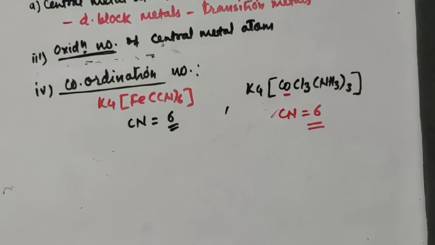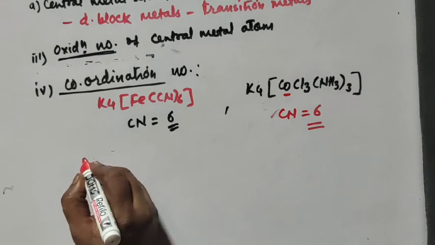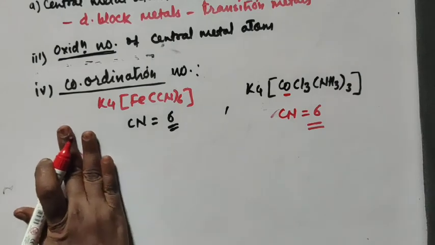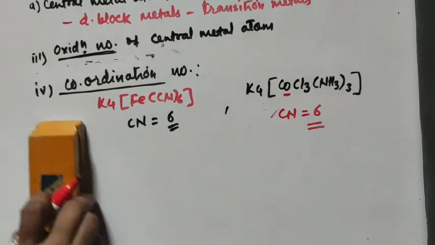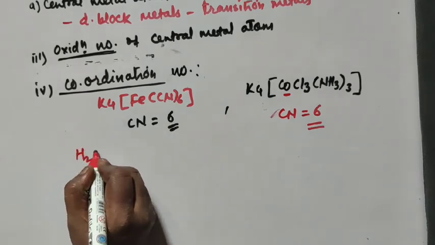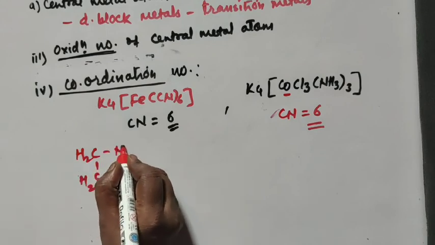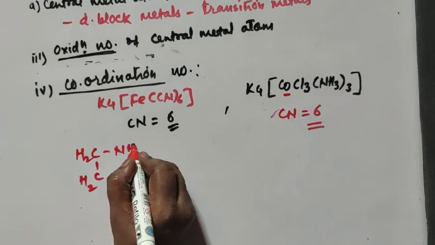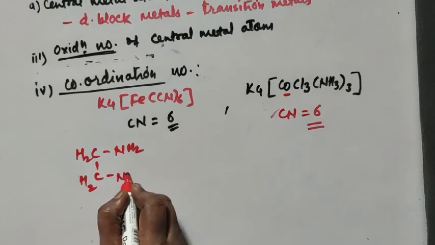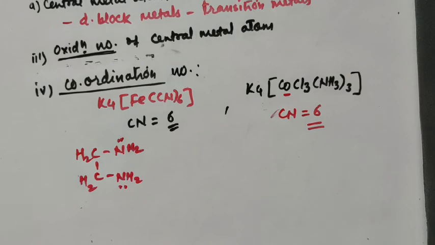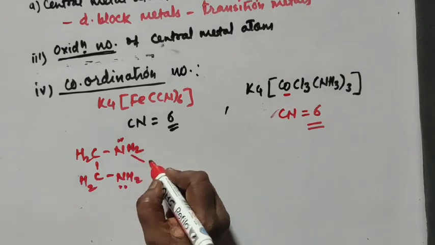For example, we'll take ethylene diamine. I'll write the formula CH2 NH2, ethylene diamine. Here nitrogen contains a lone pair of electrons and it donates a lone pair to the central metal atom.